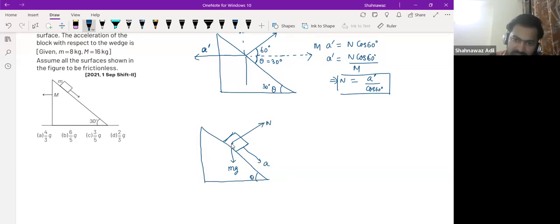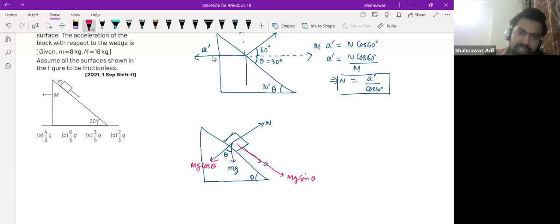And this is the angle. This angle is theta. And we have this component, right? So this is the component mg sine theta. And this is the component mg cos theta. So we have this thing.